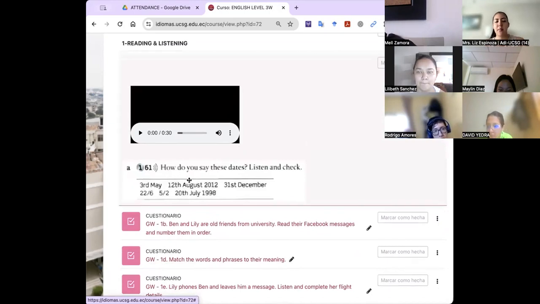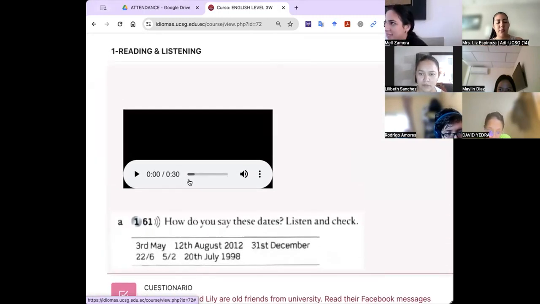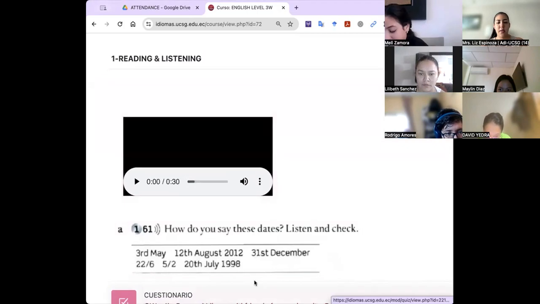Also, it says listening because there is, I think, one question where you have to listen, identify the word, and write it down, okay? So that is part of the 3 activities that you are going to do later with your group. You're going to have 5 today, okay? So as I mentioned before, it is important that you bear in mind the pronunciation of this, okay?